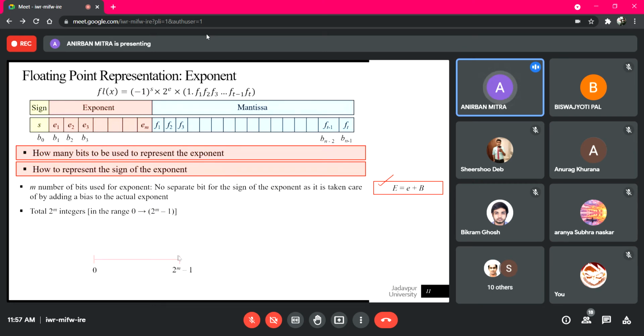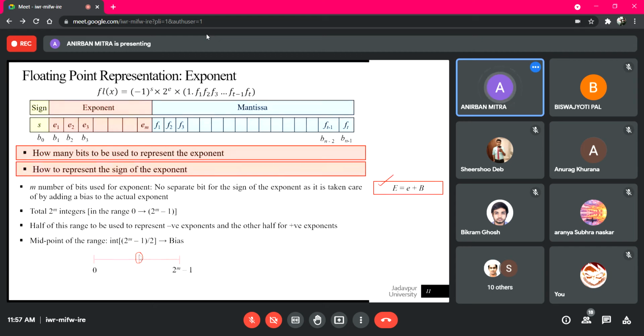Obviously, we can calculate the exact amount of bias that is required if I want to have half of this range as negative exponents and the other half as positive exponents. So this is the midpoint, and the midpoint is, of course, 2 to the power m minus 1, divided by 2.